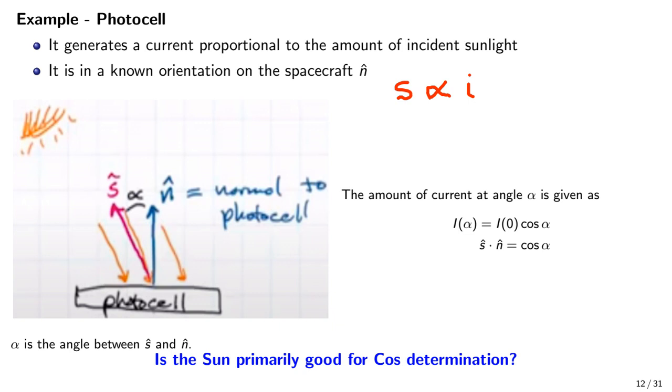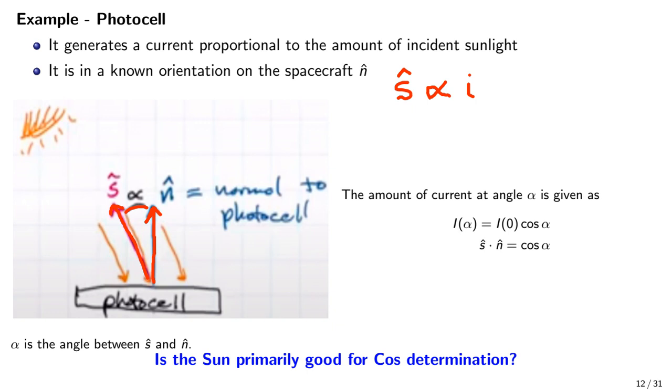The measurement you take from your photocell makes an angle alpha to your normal, your inertial point.